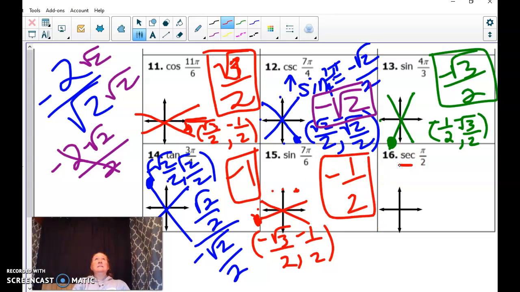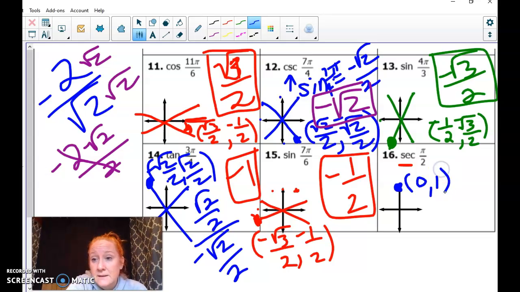All right, secant. Secant goes with cosine of pi over 2. Well, pi over 2 is just right here. So that ordered pair is over 0, up 1. So your cosine is 0 over 1.